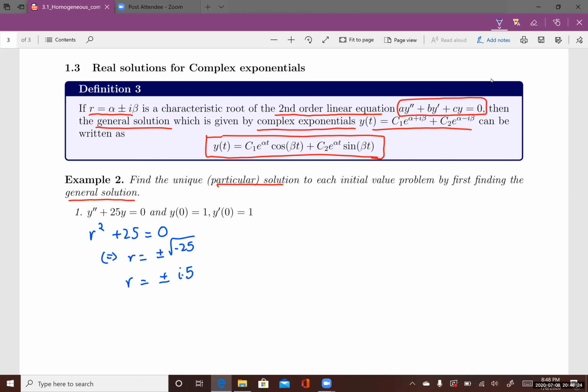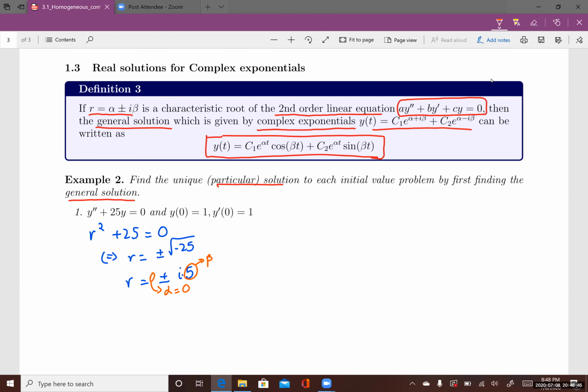All right, so in this case, I have a complex root. My alpha is 0 and my beta is 5. Keep that in mind. Then I can use this formula here to come up with a general solution.